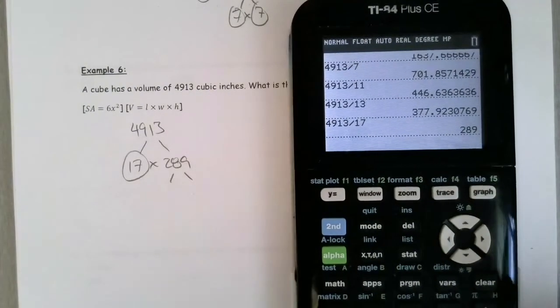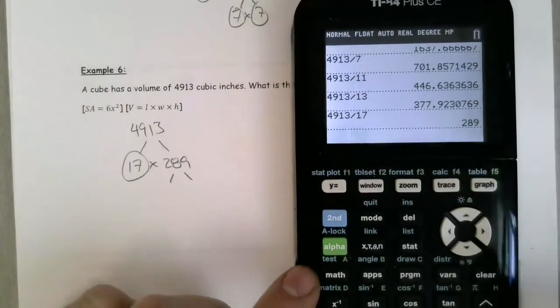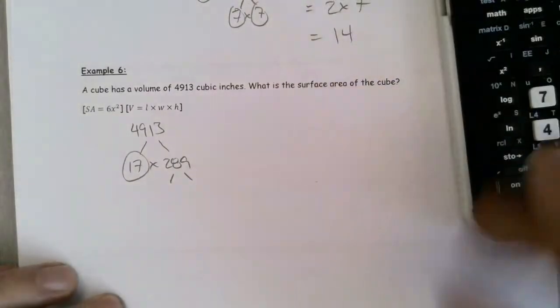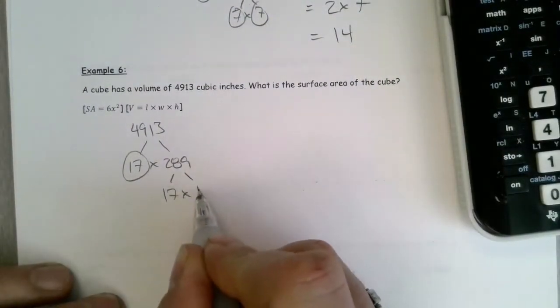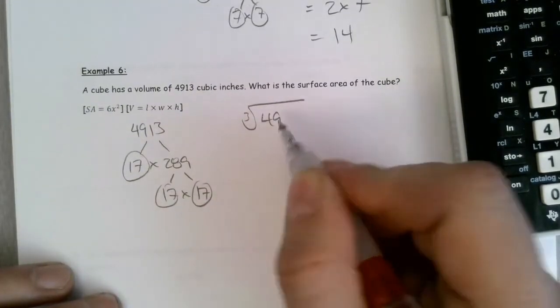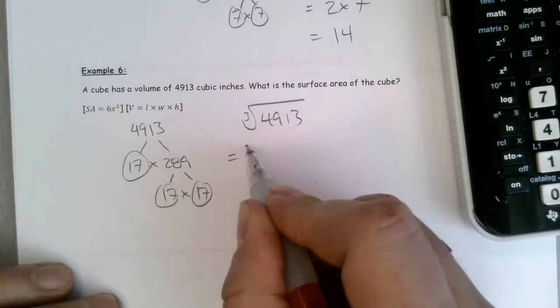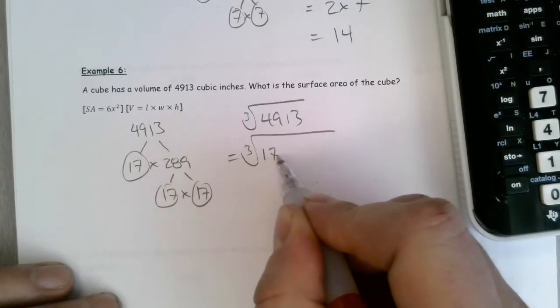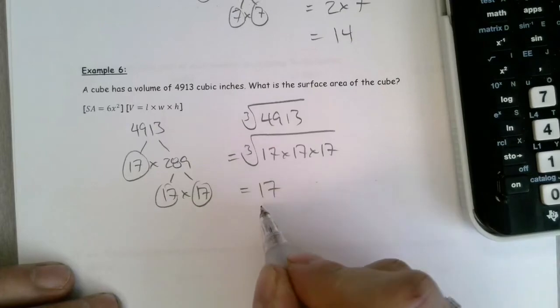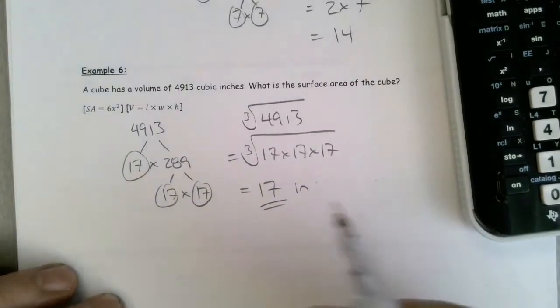So the best I can do is ask, is 289 divisible by 17? And there it is. So that's 17 times 17. So the cube root of 4,913 is going to be the cube root of 17 times 17 times 17, and that makes the answer 17 inches.